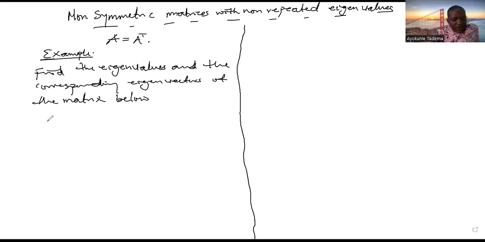The matrix is A equals 1, 0, minus 1, 1, 2, 1, and 2, 2, 3.